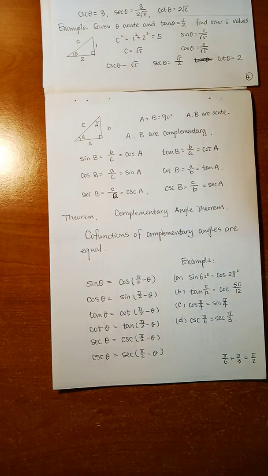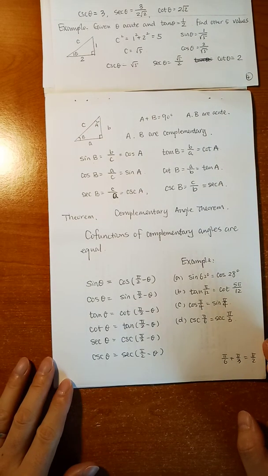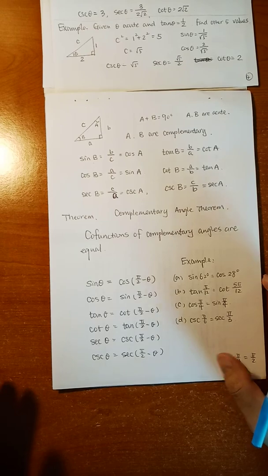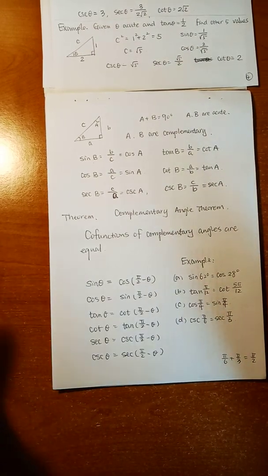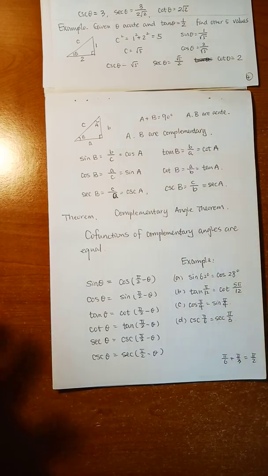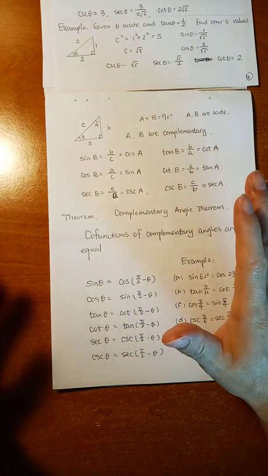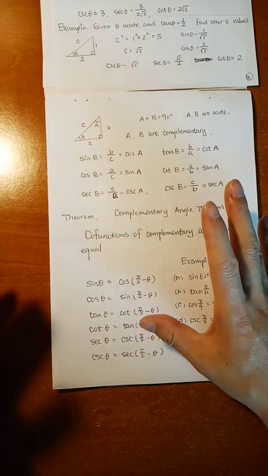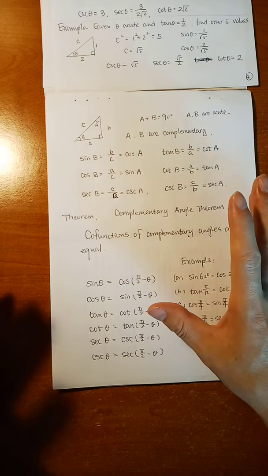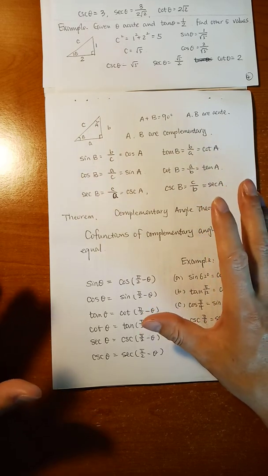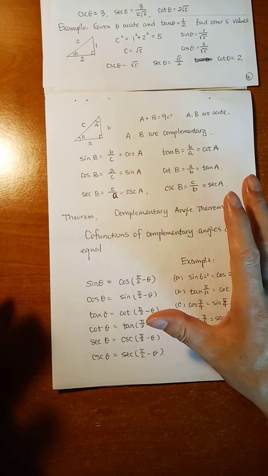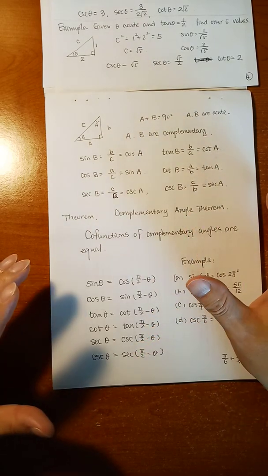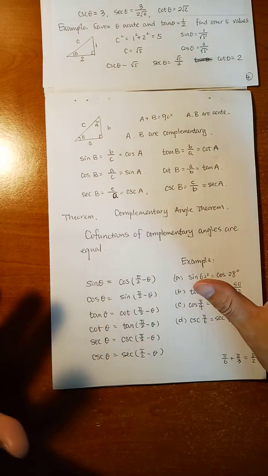Okay? So these are the examples. In this section, we have 6 trigonometric functions. Don't memorize the definitions by ABC, because ABC may be labeled differently from book to book, from problem to problem.